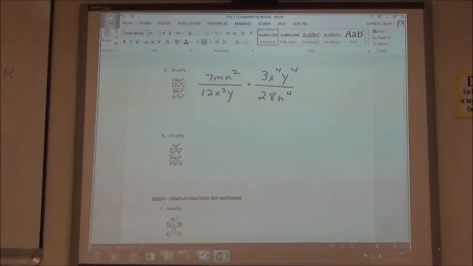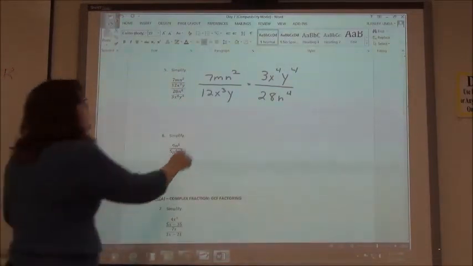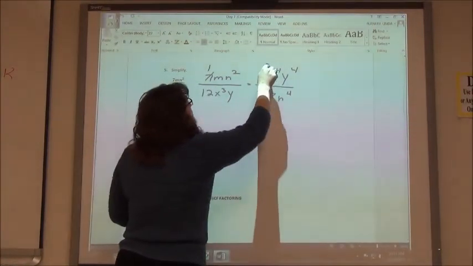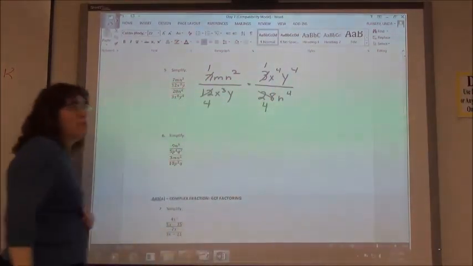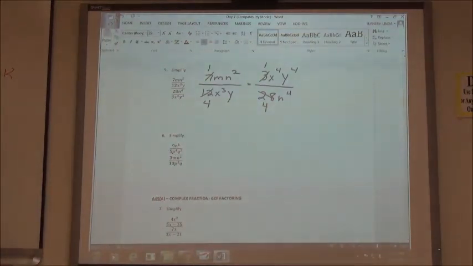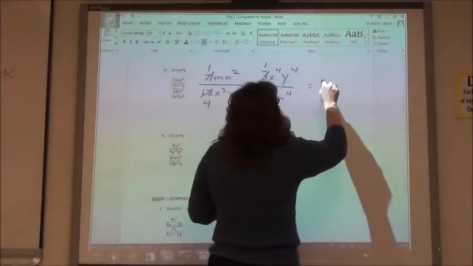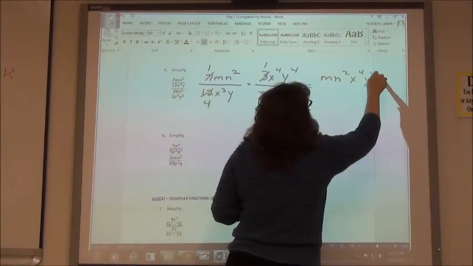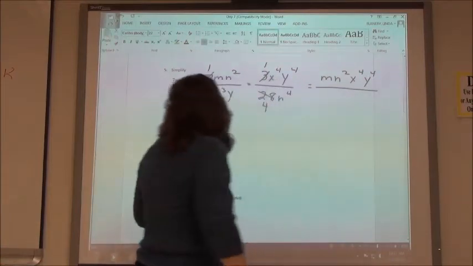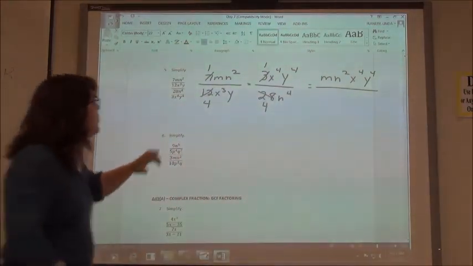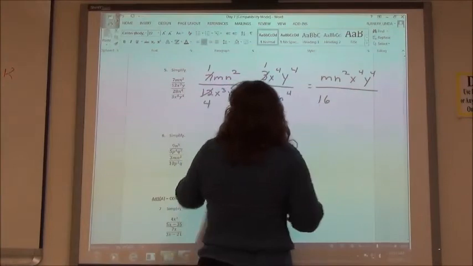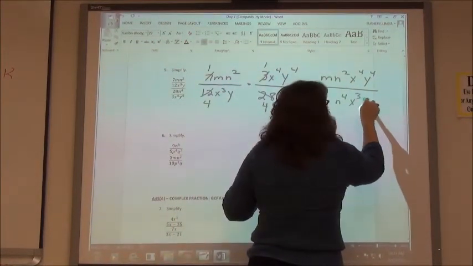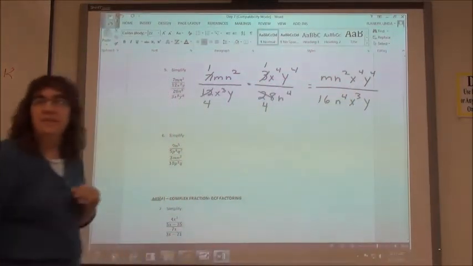So we can do some reducing there, right? 7 goes into 7 once and into 28 4 times. 3 goes into 3 once and into 12 4 times. So on the top, I have an m, an n squared, an x to the 4, and a y to the 4. On the bottom, 4 times 4 is 16. And then I'm going to put the n to the 4th first, and then the x to the 3rd, and the y, just so they line up nice and neat.